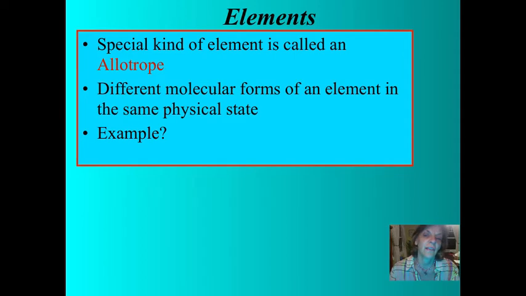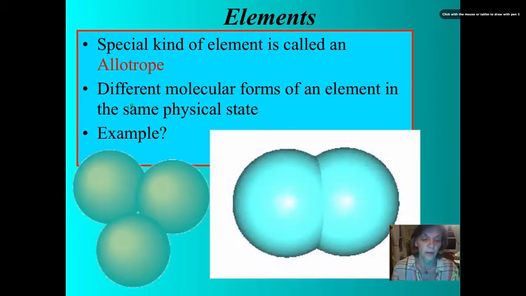A special kind of element is called an allotrope. I want you to know this term, and I want you to see some examples of it. It's a different molecular form of an element in the same physical state. Probably doesn't mean much, but maybe an example will help. Here are two forms of oxygen as it exists on planet Earth.